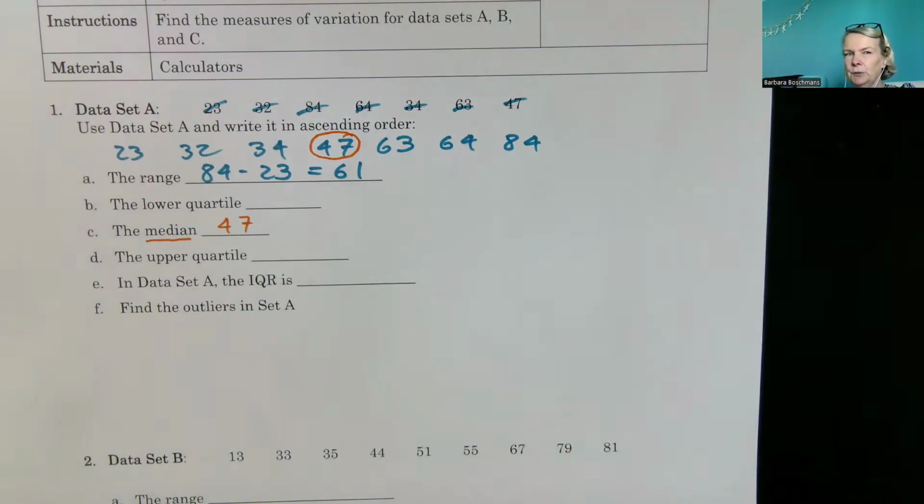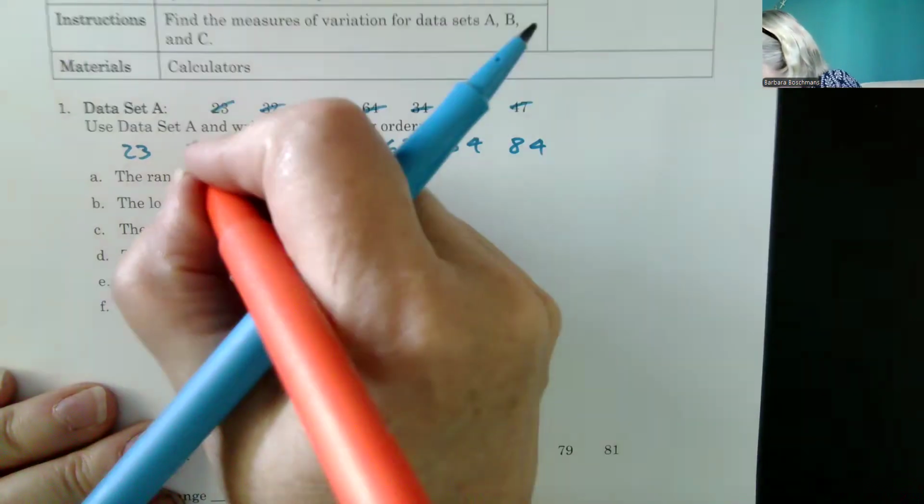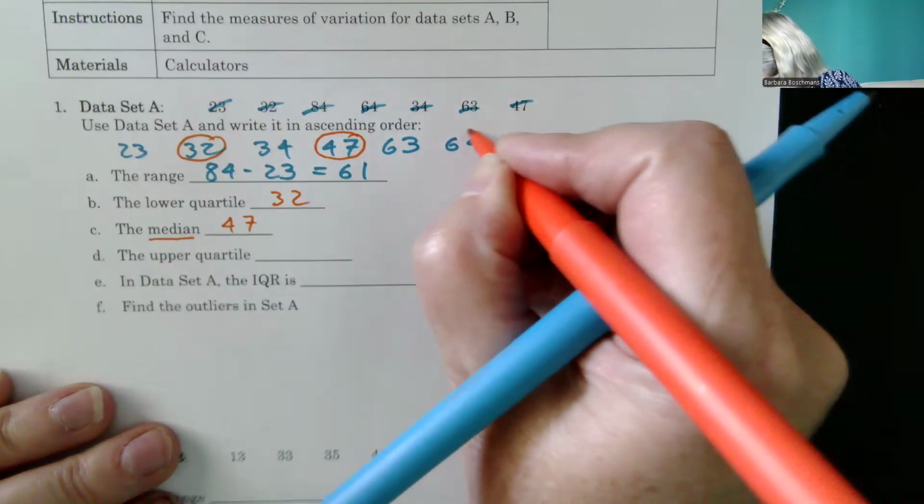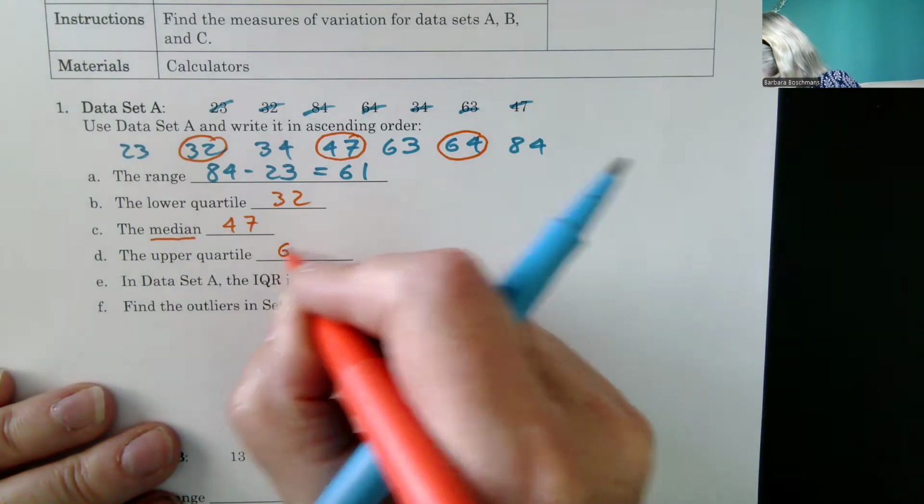We're not going to include that for the lower quartile or the upper quartile. The lower quartile is the median of the first half of your data set. If you have an even set of numbers and your median is in between, you actually use the 2 numbers. So for this, we're going to have a lower quartile that is 32, upper quartile that is 64.